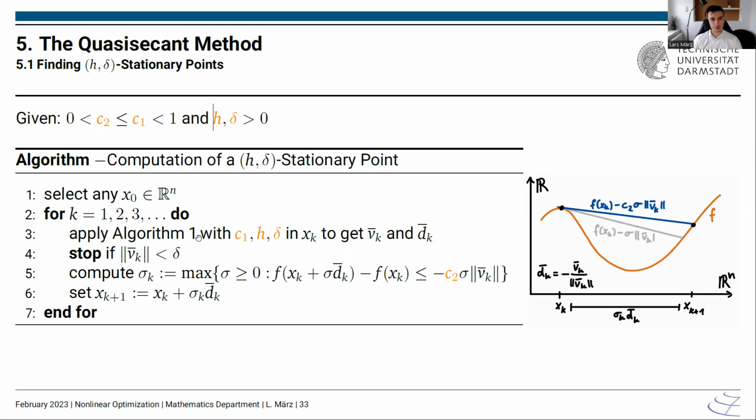So we apply algorithm 1 to get the direction. If the direction is small enough, we terminate. Otherwise, we compute the largest step length possible such that we are under this hyperplane, this line. So we have a sufficient decrease, and then we update our iterate and do this over again.